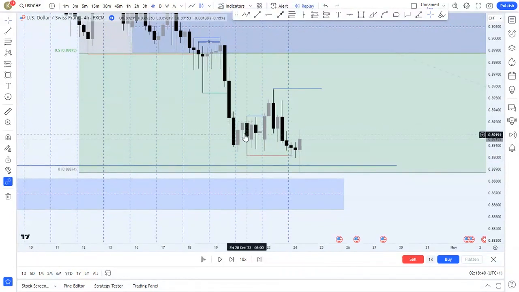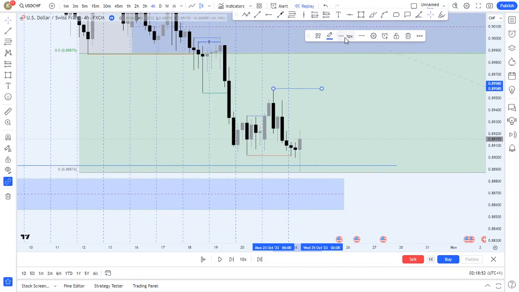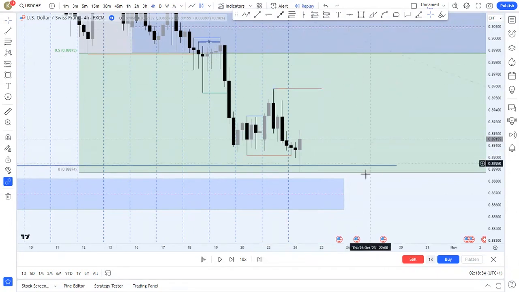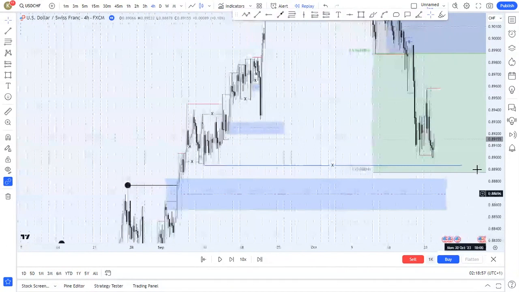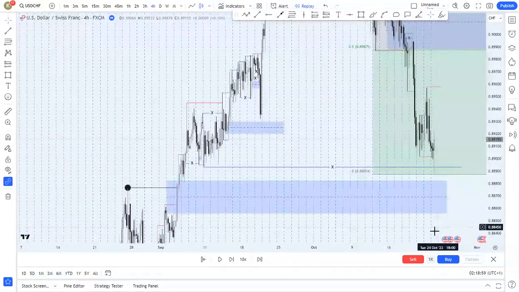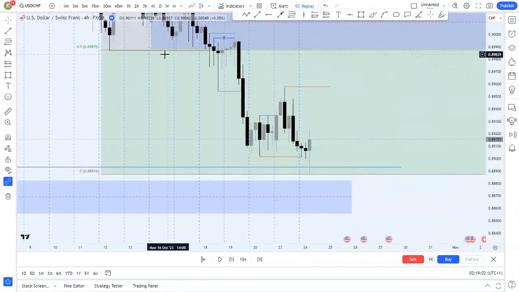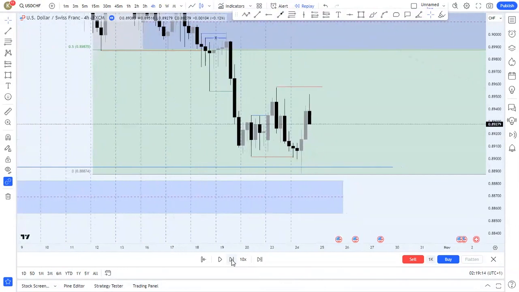Yes, so as you can see, it's an internal structure. So this high led to this break, so it's going to be an internal high too, right? Because it led to the break of this. So internally we are bearish. Okay. So we want to see what price wants to do from here.